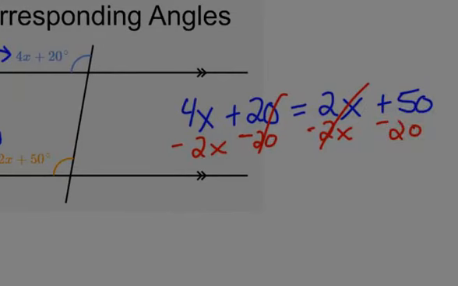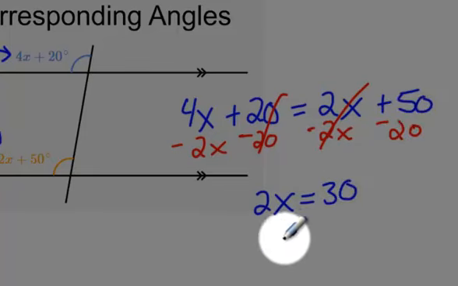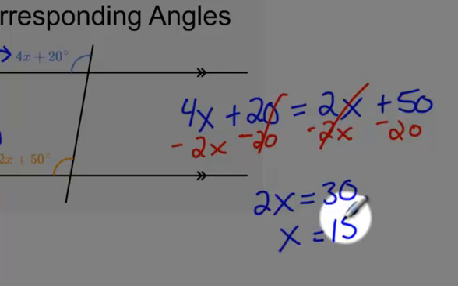And what do we get? There we go. 4x minus 2x is 2x. 50 minus 20 is 30. So what is x? x is 15. Nice. We are done this question.